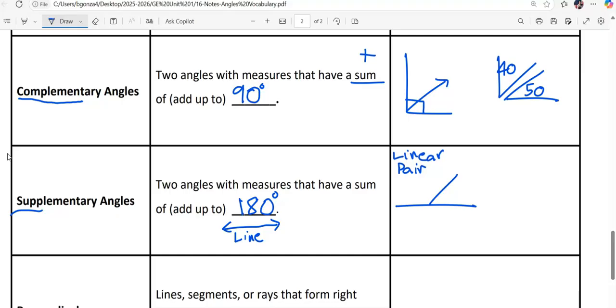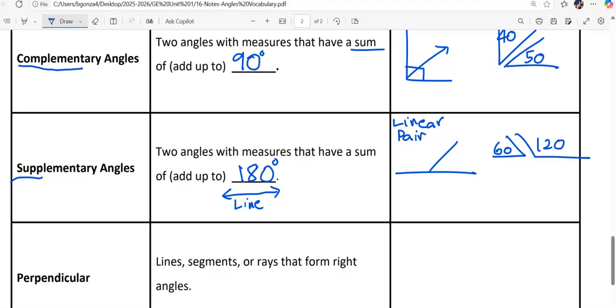Linear pair, line, 180. But if they don't touch, they can still be considered supplementary. You could have like 60 and 120. Any two angles that add up to 180, you can call them supplementary.